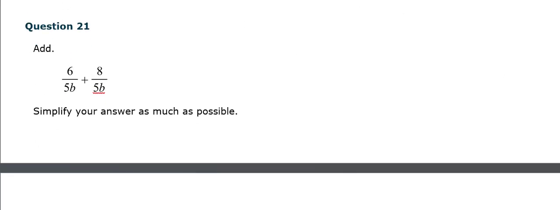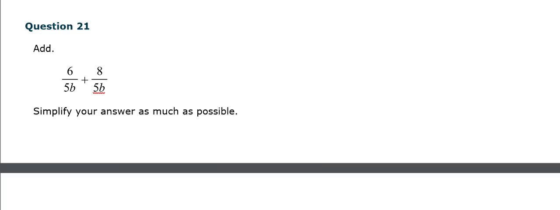Now let's talk about some simple addition problems, and then we'll use this concept we just talked about to do more. So remember, when we're adding fractions, we need a common denominator. And in this case, we have a common denominator of 5b. So we're adding 6 over 5b to 8 over 5b.